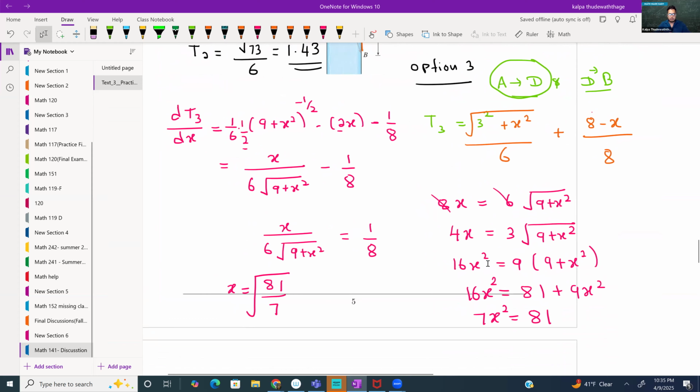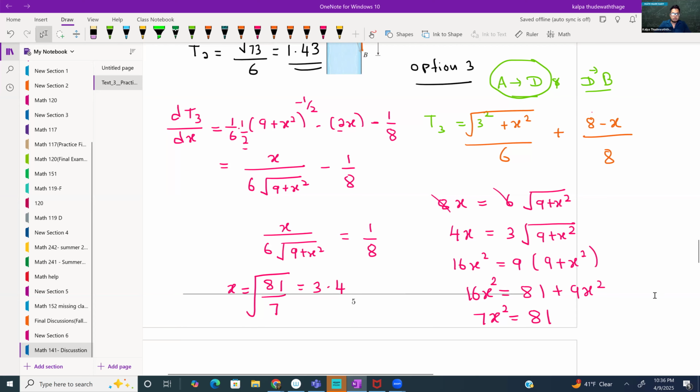And you can find that point approximately. Remember, if it is a real question, you can get numbers approximately, like 81 over 7 will be 11 point something. If you take the square root of that, it will be 3.4 approximately.